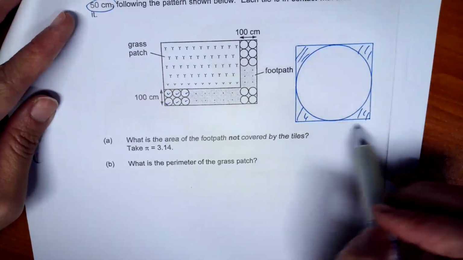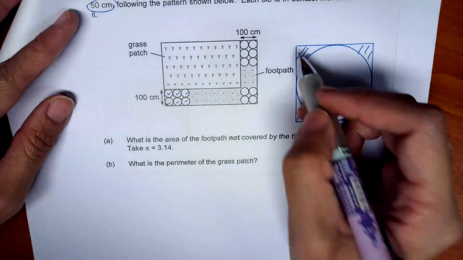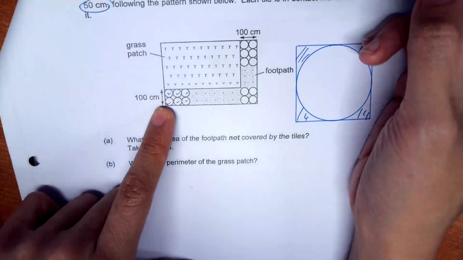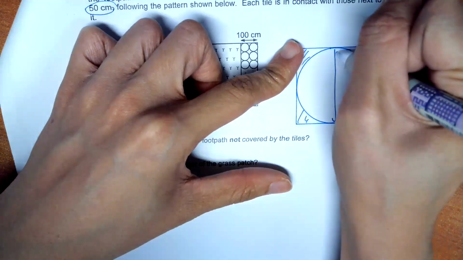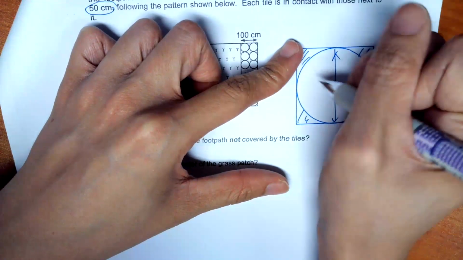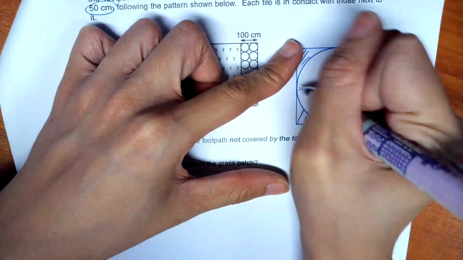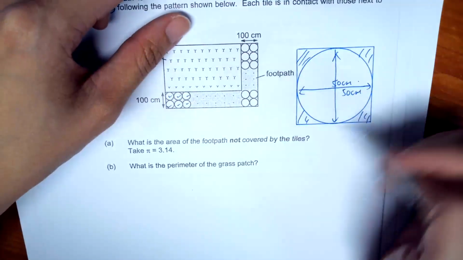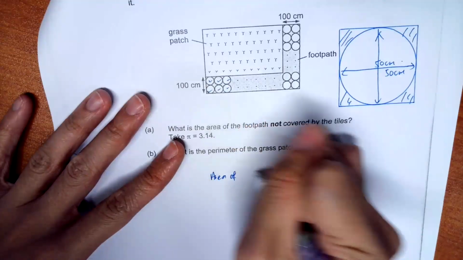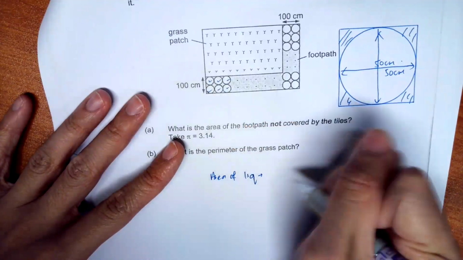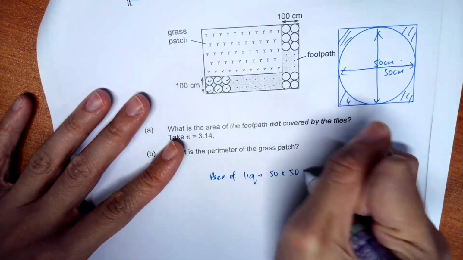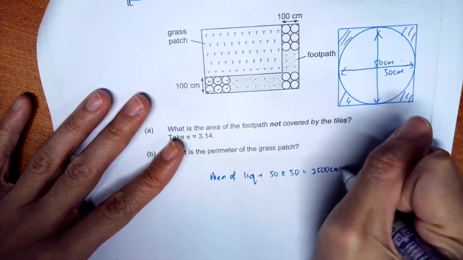All right, so how to find the corner area is actually your square minus the circle. So each square inside here, since my diameter is 50 cm, the area of one square would be 50 times 50, which is 2,500 square centimeter.